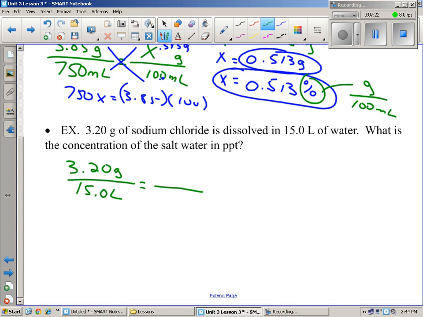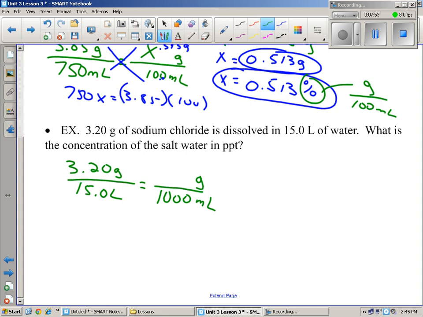PPT implies grams out of 1,000 milliliters. That's PPT. That's on my first slide. So then you look at these two, of course, and you say, okay, that's fine. This is pretty straightforward, but which of these obviously don't match up, right? We need to make sure we're comparing apples to apples.